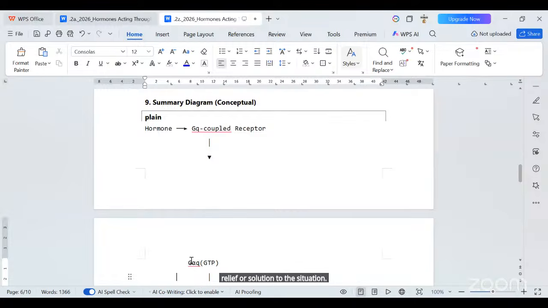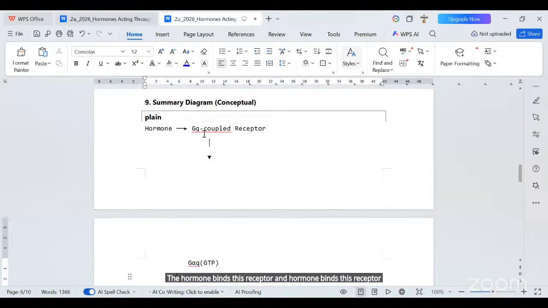So as a recap, what we've been saying since morning about calcium as a second messenger: when calcium is needed, the hormone in question, any hormone, either epinephrine or norepinephrine, binds to its receptor.